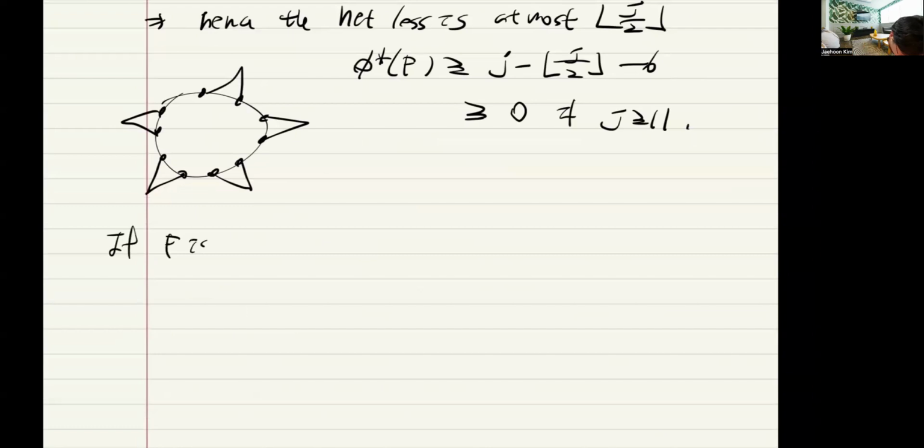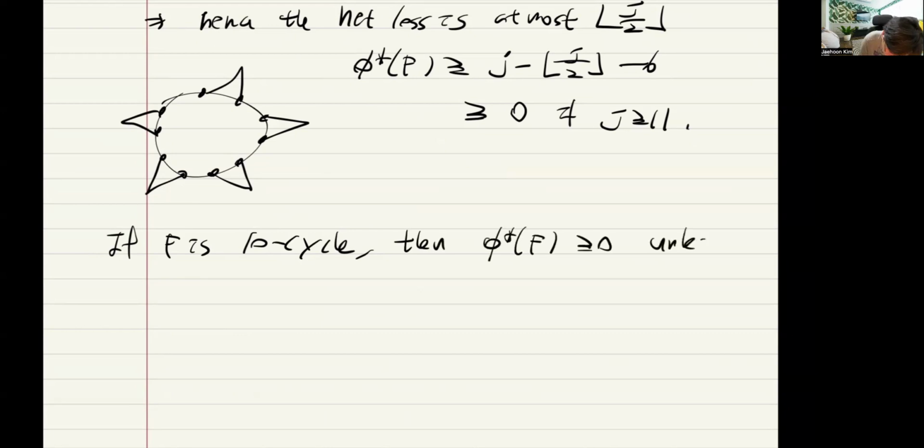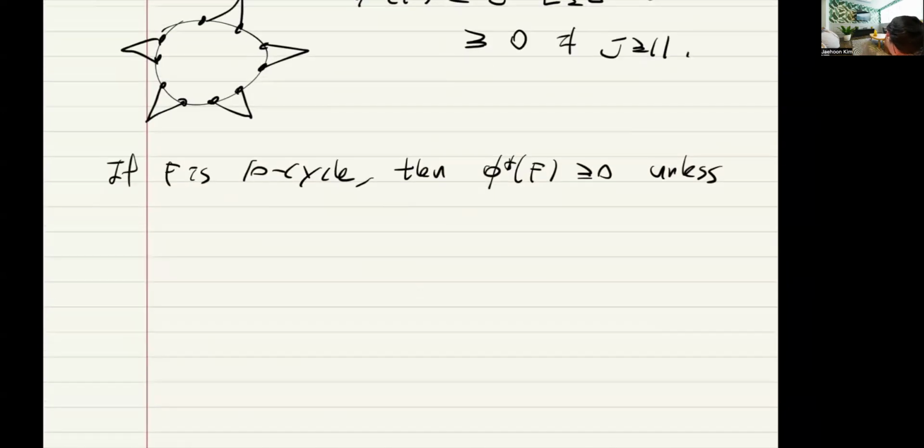So if F is a 10-cycle, then what? Then its final charge is again non-negative unless it loses 5, and that requires 5 such paths, and then there are exactly 10 vertices. So this has to happen.